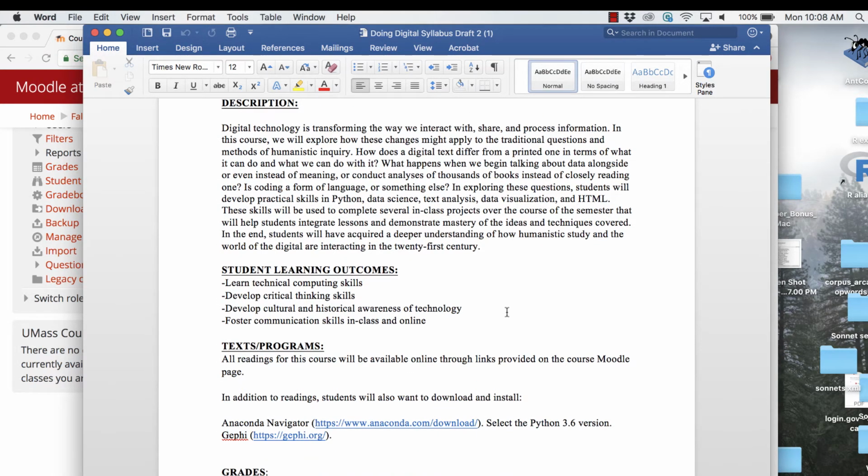And as you can see, students are being asked to learn technical computing skills, and for them that meant learning to code in Python and being able to demonstrate that they could, for example, write functions, create for loops, define certain parameters for a text adventure, to analyze discourse as it evidences in social media networks.